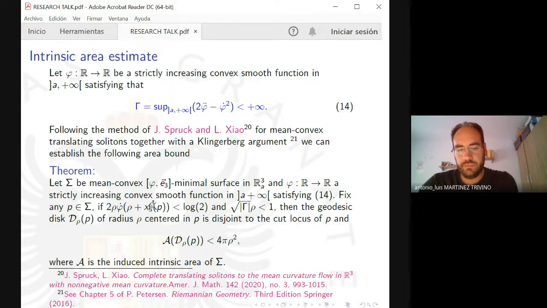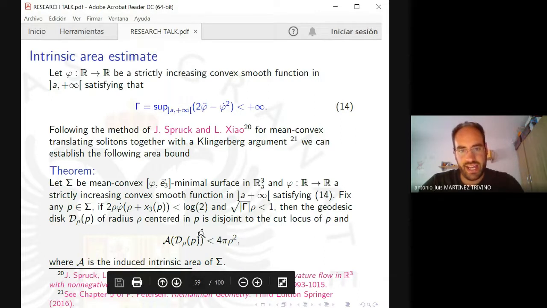Under this assumption, if we fix any point P of sigma and consider a radius rho satisfying both inequalities, then the geodesic disk centered at P of radius rho is disjoint from the cut locus of P, and we obtain the following area estimates.